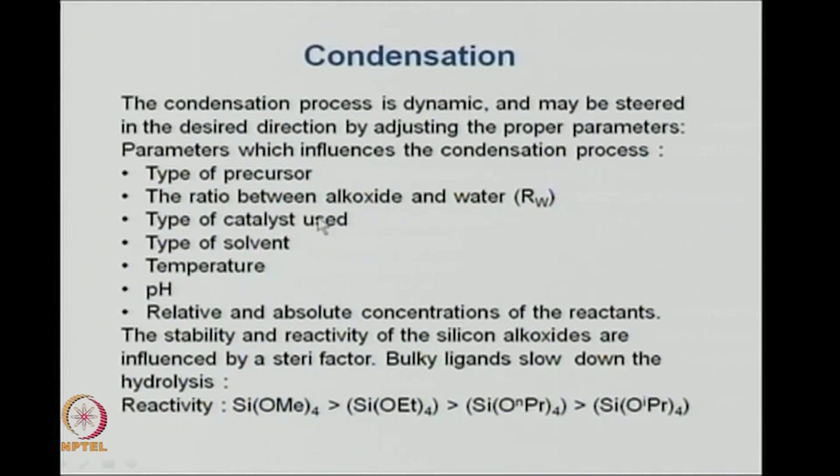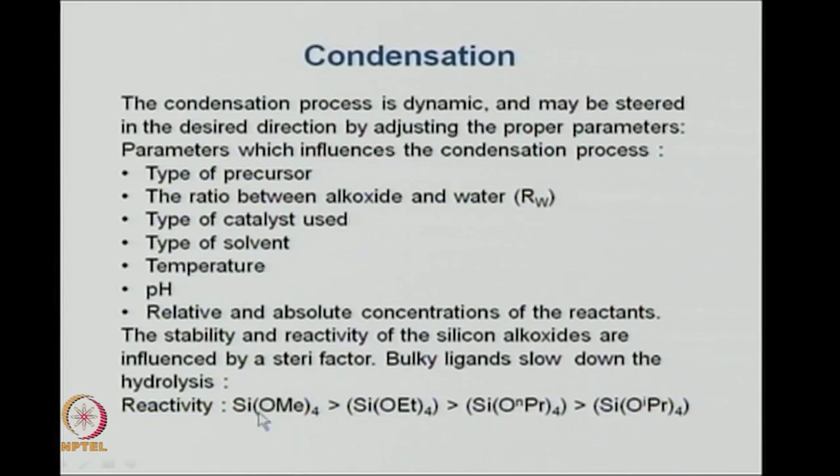All these will affect the condensation process, and the stability and reactivity of silicon alkoxides are also influenced by steric factors. So, if you have a bulky ligand, it will slow down the hydrolysis.